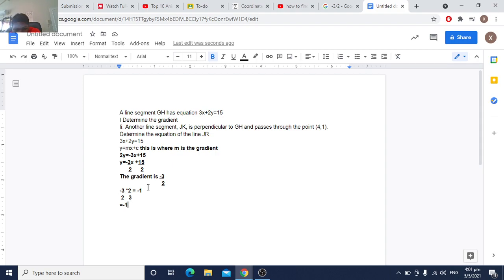So the gradient of JK, the line perpendicular to it, must be an amount that, when multiplied by the gradient of GH, is equal to negative 1.